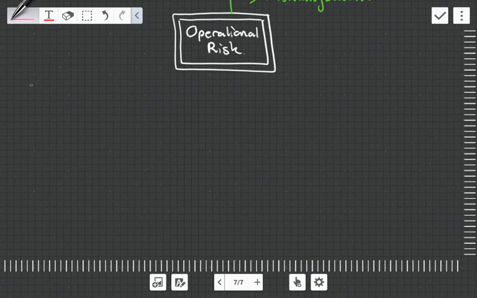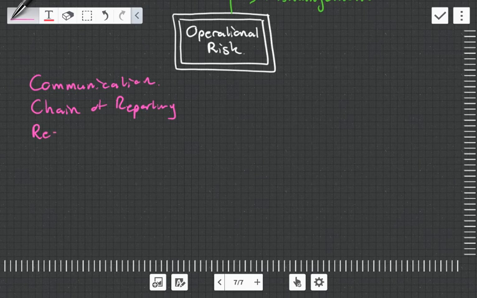Some of the common ways to manage operational risk are just to have good communication in place, a chain of reporting, and a clear set of responsibilities and accountability for each person or manager. Responsibility and accountability. So this is an easy way to deal with operational risk.